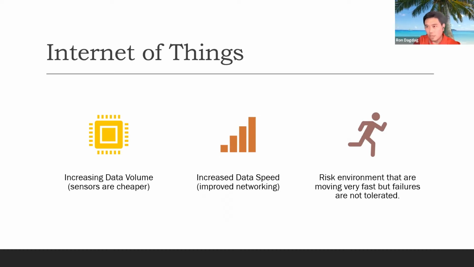But also, because it's getting closer and closer to our users, the risk environment is moving very fast, right? If there's something wrong with that Internet of Things, failures are not tolerated. Sometimes, for me, it gets frustrating as a user when Alexa is down.